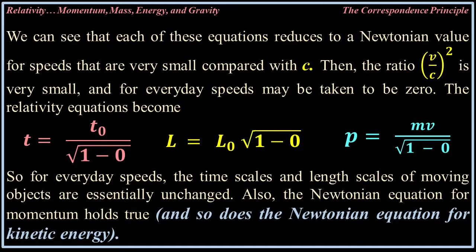The relativity equations become t equals t naught over root 1 minus 0, L equals L naught times root 1 minus 0, and p equals mv divided by root 1 minus 0. Remember, root 1 is simply 1. So, for everyday speeds, the time scales and length scales of moving objects are essentially unchanged. Also, the Newtonian equations for momentum hold true, and so does the Newtonian equation for kinetic energy.